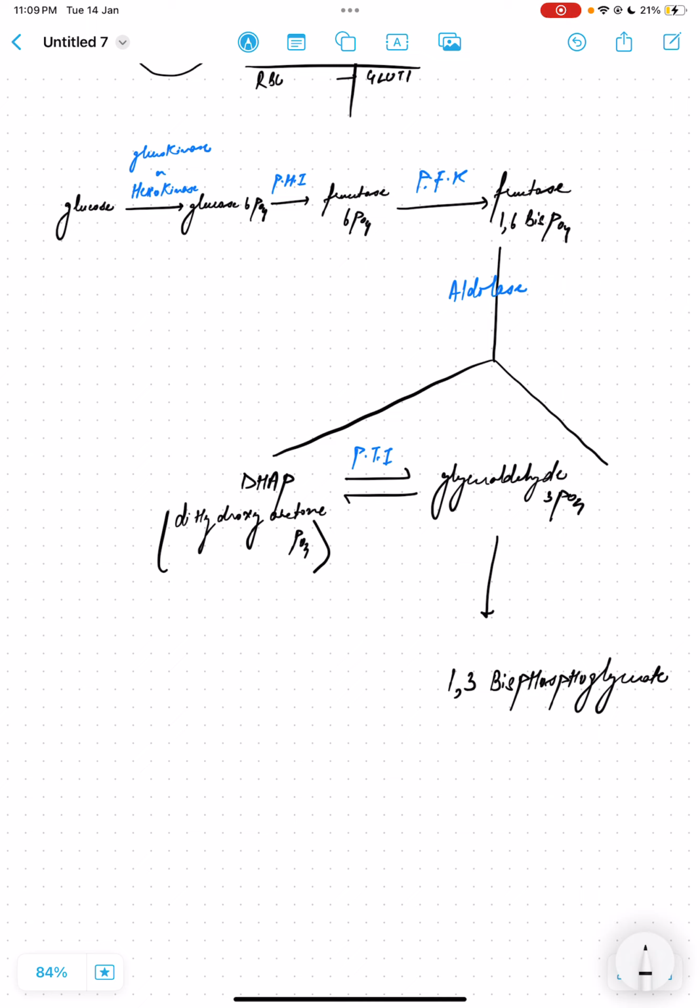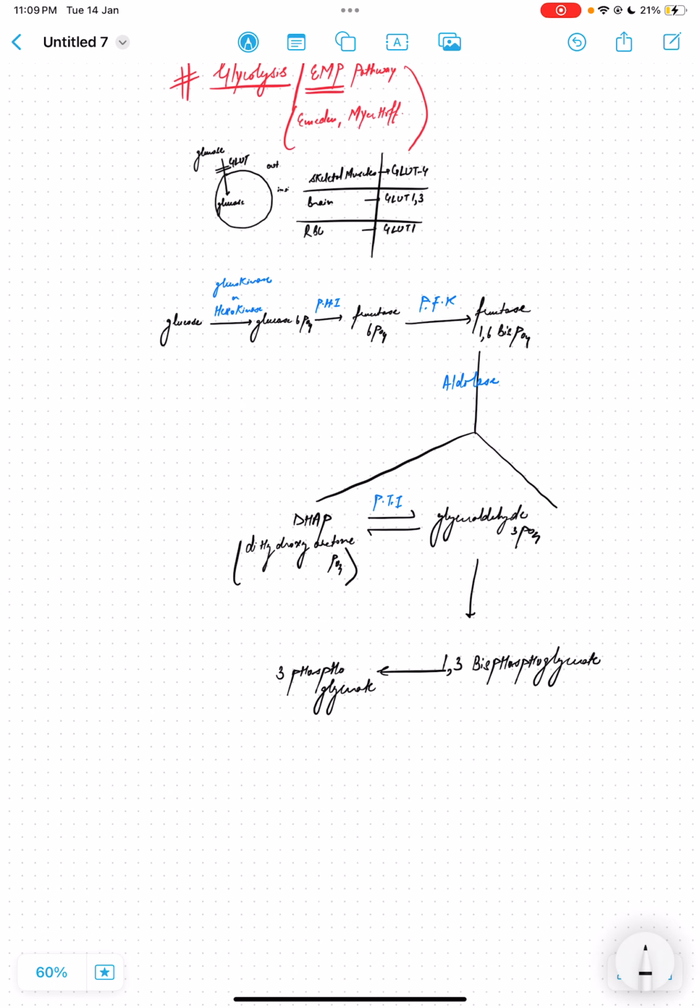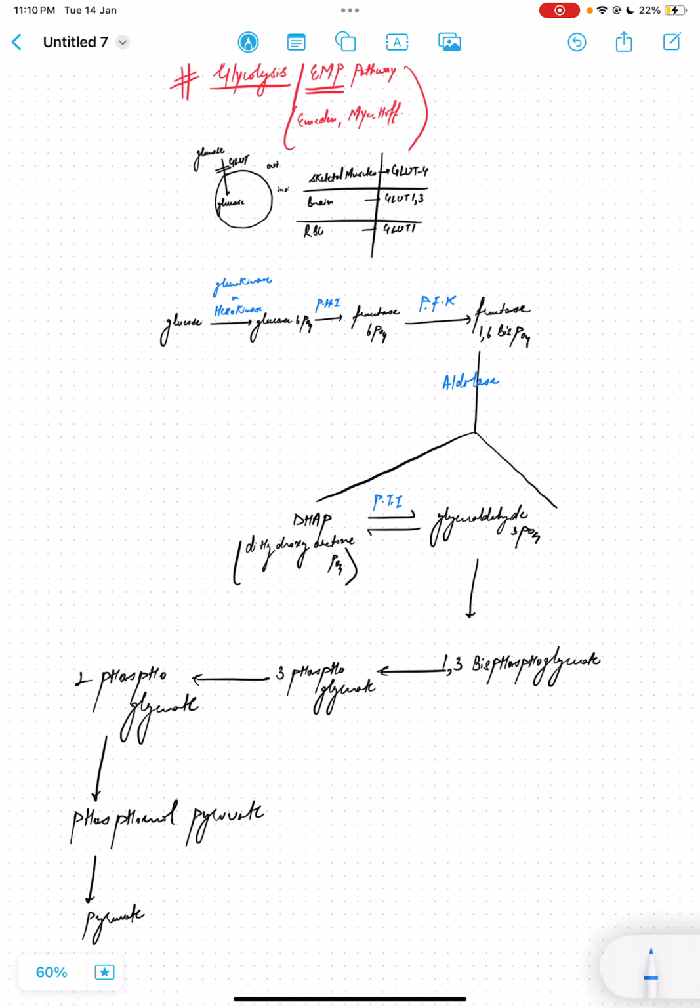Then 1,3-bisphosphoglycerate will convert into 3-phosphoglycerate. 3-phosphoglycerate will convert into 2-phosphoglycerate. 2-phosphoglycerate will convert into phosphoenolpyruvate. Phosphoenolpyruvate will convert into pyruvate.